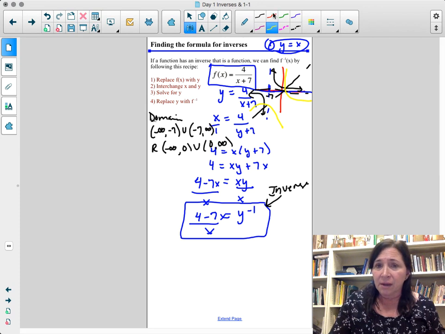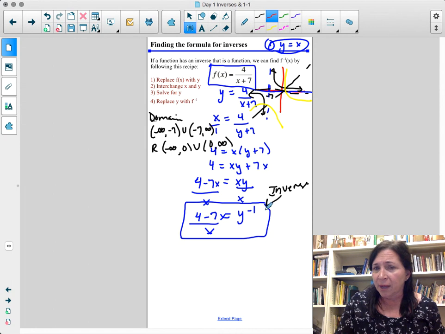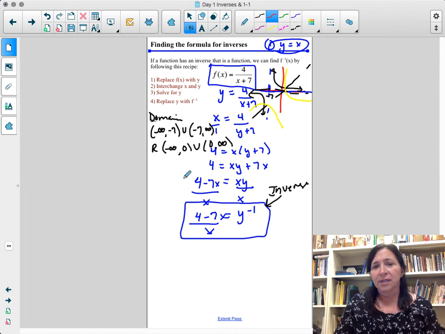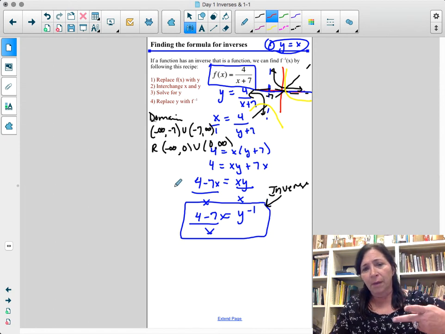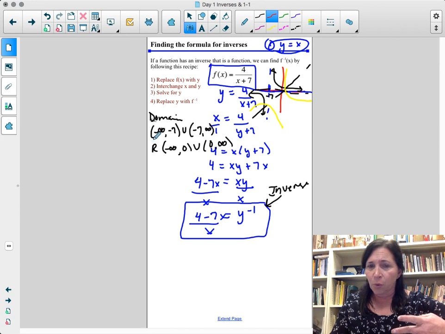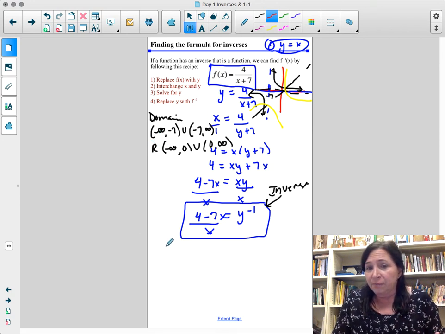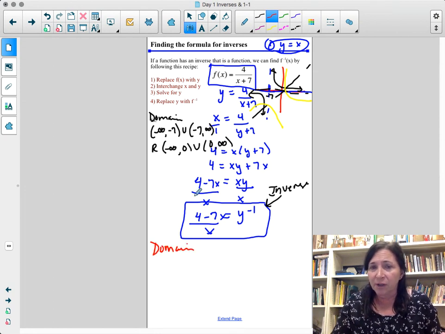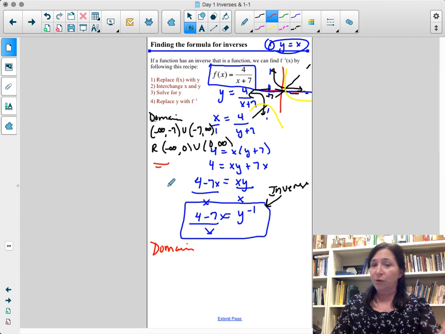That's what it's going to look like. But the really cool thing about this is that my domain and range for my inverse actually is flipped from my domain and range for my original function. So I don't even need to figure anything out, because my new domain for my inverse function is actually my range for the function.